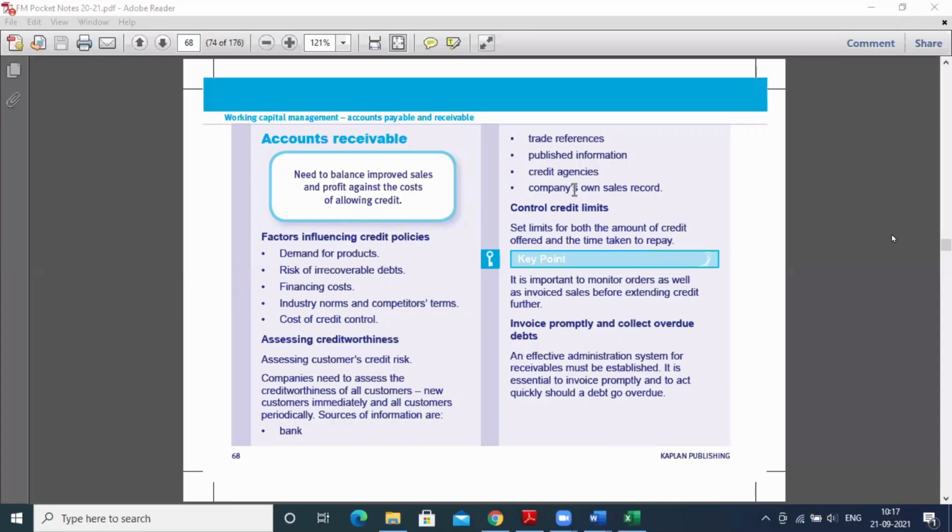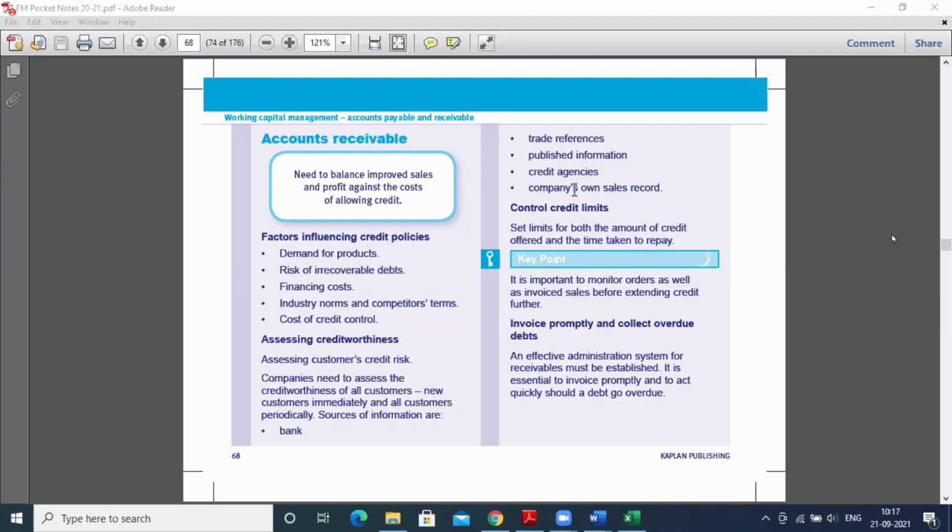Now, generally, if a company wants to maximize the profit, in the process of maximizing the profit, they prefer to sell the goods on credit basis. Especially here, we need to keep in mind that we are discussing a company mainly involved in producer goods manufacturing.